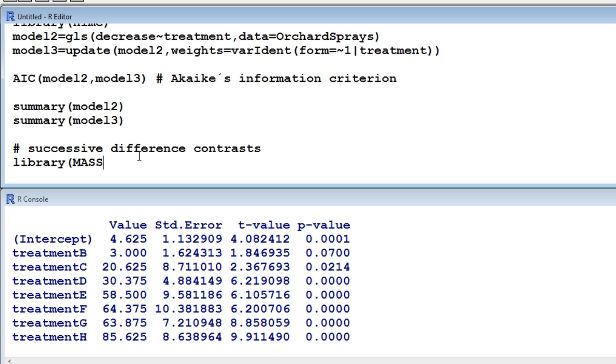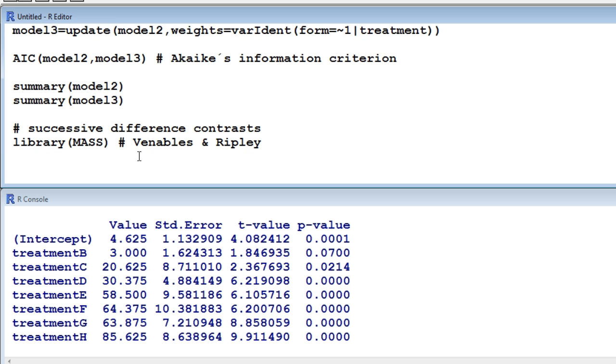Library MASS, which stands for Modern Applied Statistics with S and S-PLUS, which is a book by Venables and Ripley. And the package is developed by these guys also. Okay, so we use the MASS library and we use the contr.sdif function of that library.